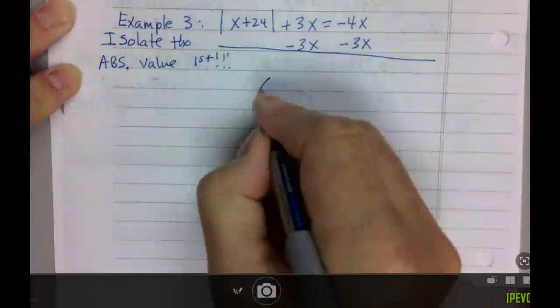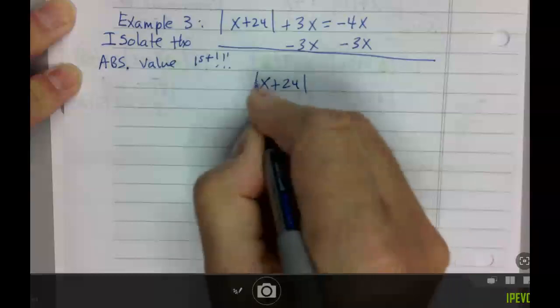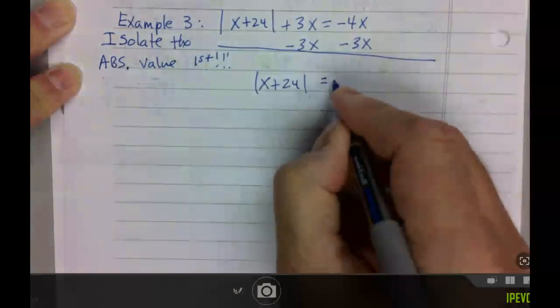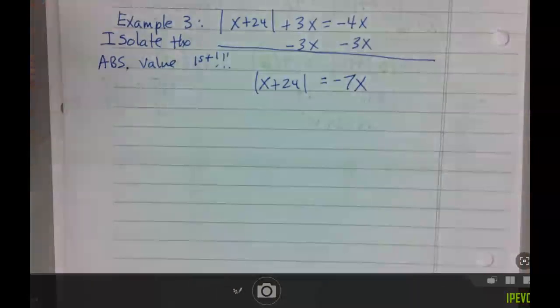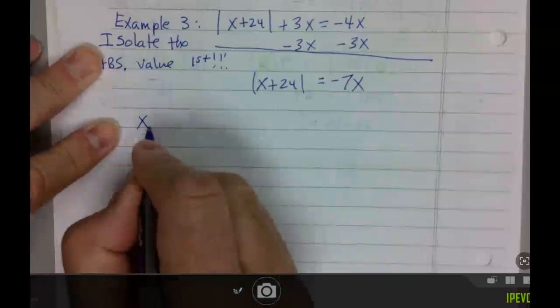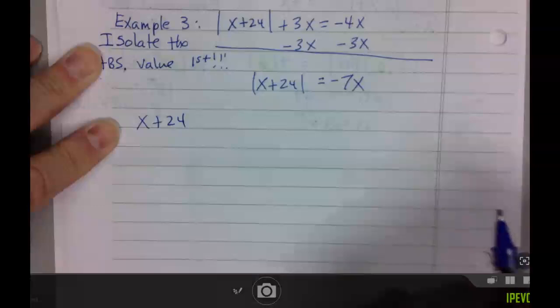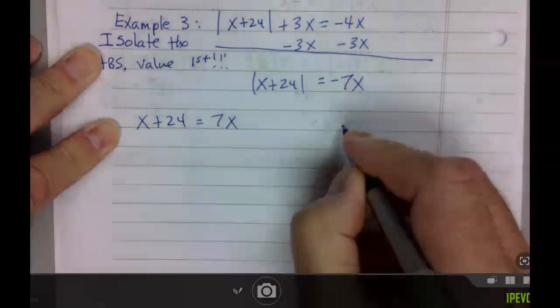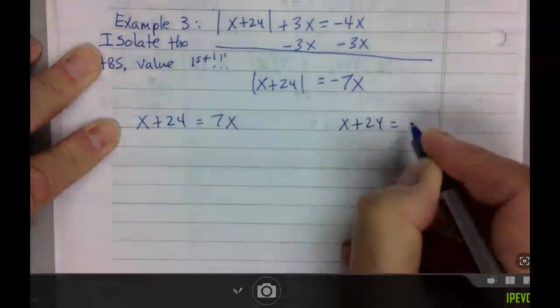So that gives me the distance from 0 of x plus 24 equals negative 7x. Are we okay so far? Is it isolated? Okay, now we can write our two equations. This one's going to be a little different, isn't it? x plus 24 equals 7x, and x plus 24 equals negative 7x.